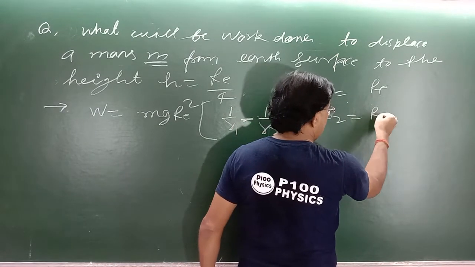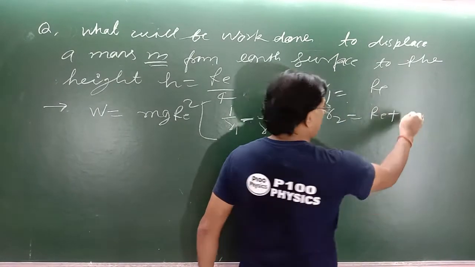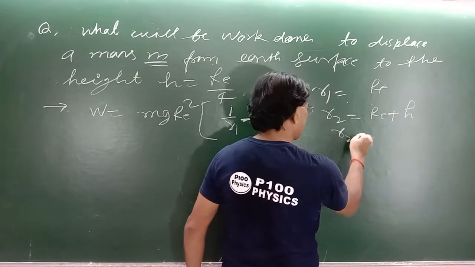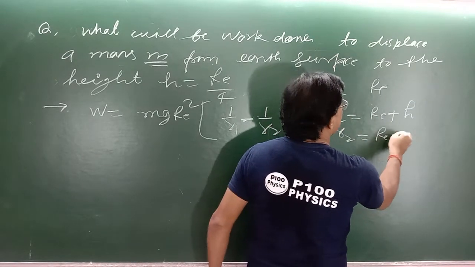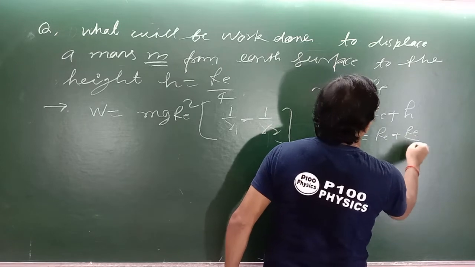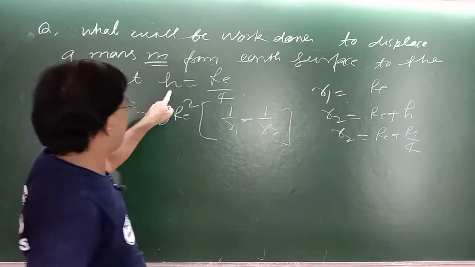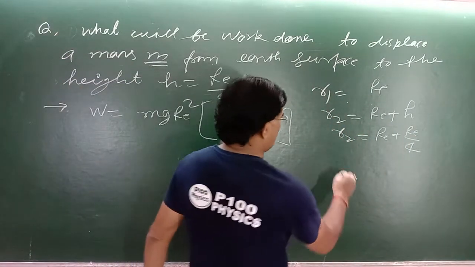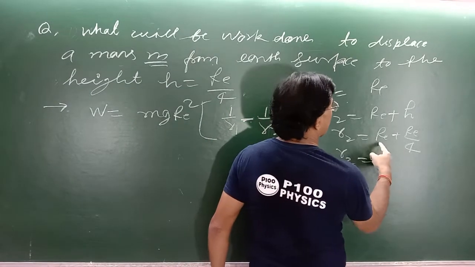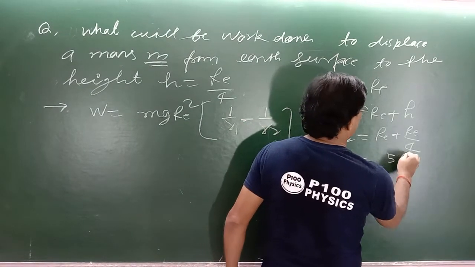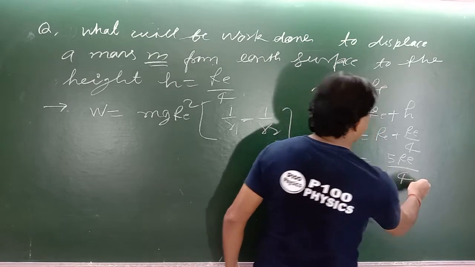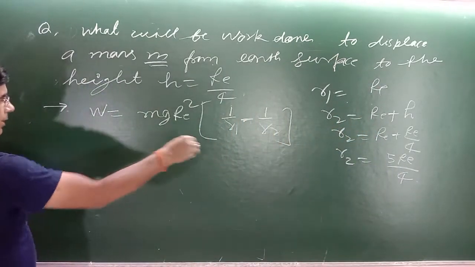R2 equal to Re plus height h. Therefore R2 equal to Re plus Re by 4, it is given h equal to Re by 4. So R2 will be 4Re plus Re, 5Re by 4.